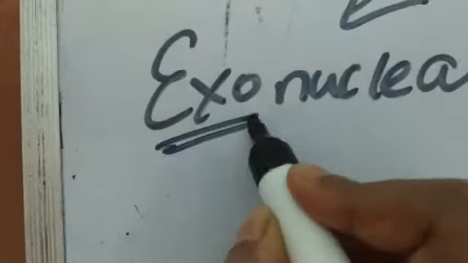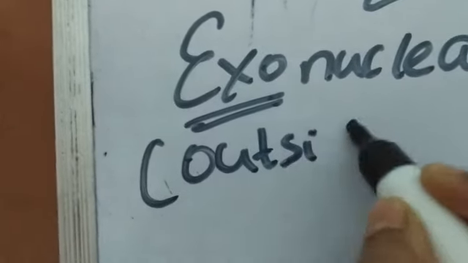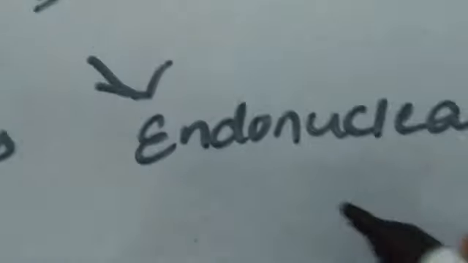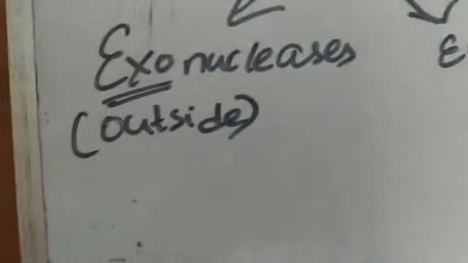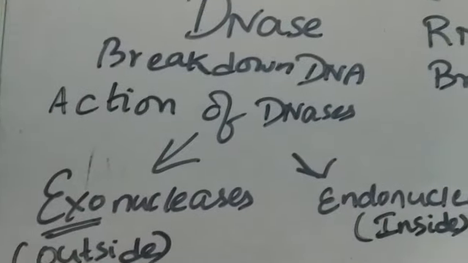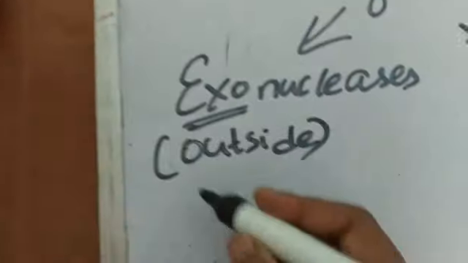Exonucleases and endonucleases. So let us concentrate on this term exo. Exo literally means outside and endo means inside. So exonucleases are DNases. Remember, they are under the classification of DNases.